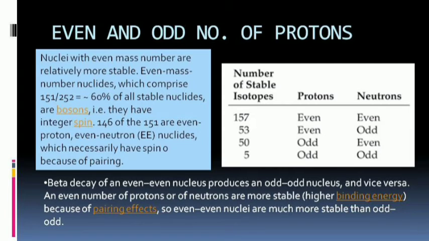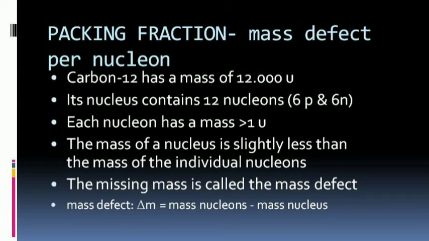Another thing is the packing fraction. Packing fraction is also known as mass defect per nucleon. As we are saying, mass defect: the energy which is converted from the mass creates a mass defect. So basically, carbon 12 has a mass of 12 units, and its nucleus contains 12 nucleons.